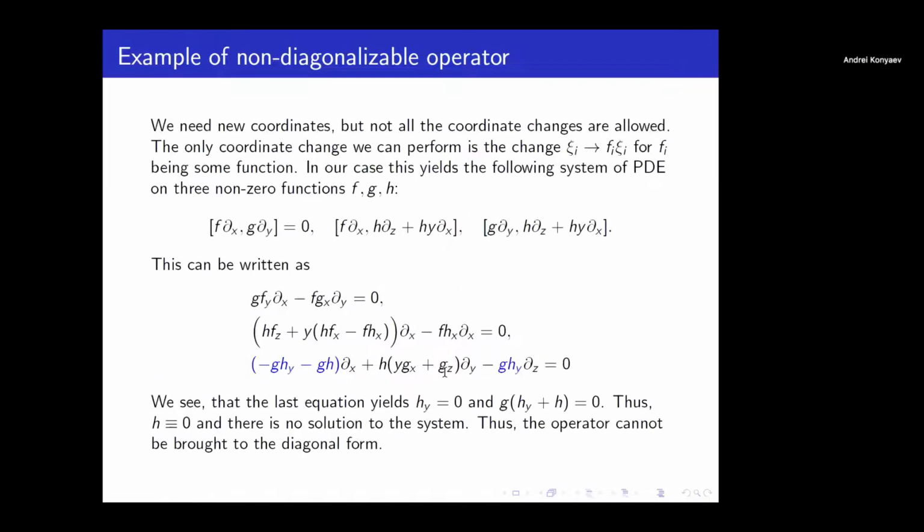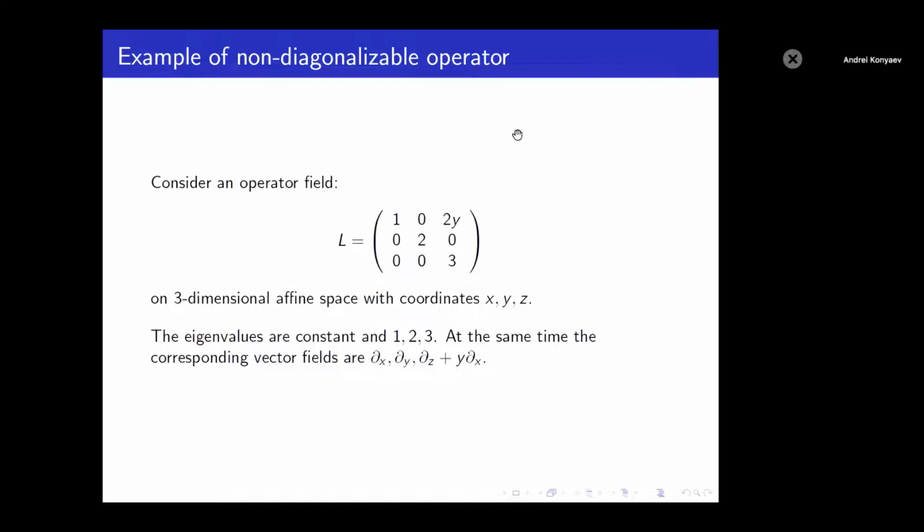What else? We need new coordinates. Not all coordinate changes are allowed. These vector fields obviously do not define coordinate vector fields in the sense of the Frobenius theorem. Why? Because they do not commute.